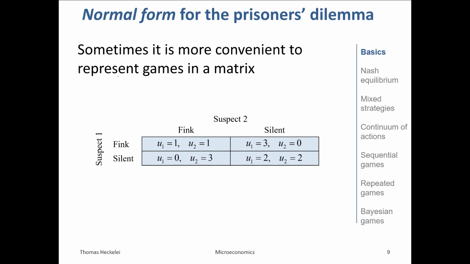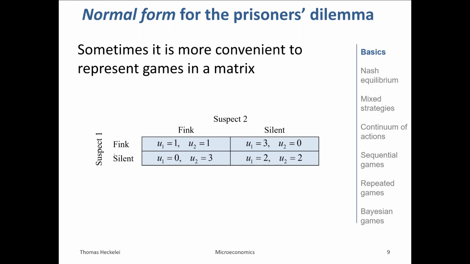So how we do that is we put the payoff in the matrix. Because each player has two possible strategies, we have 4 combinations, and here we have 4 cells.